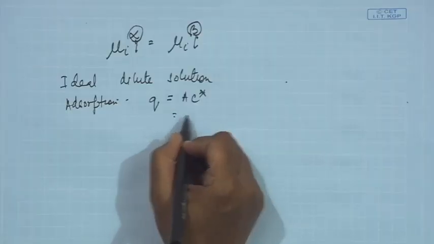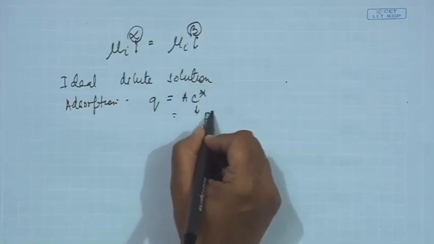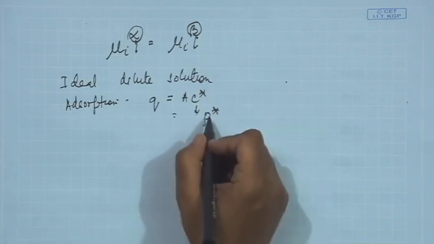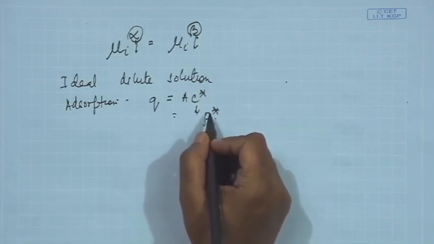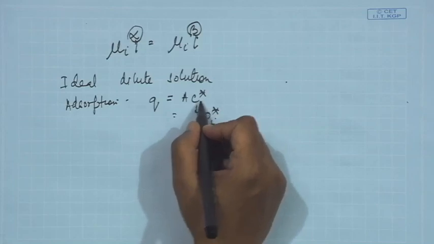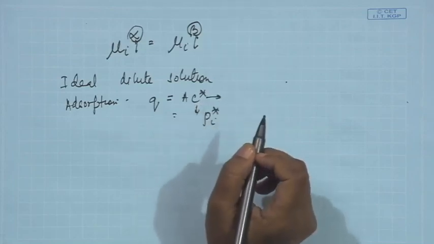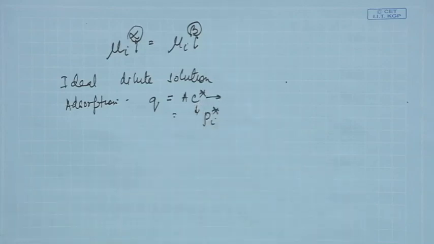Therefore, usually if it is a gaseous mixture, we prefer to replace C star with Pi star, and if it is a liquid mixture, then we express it in terms of concentration, where the concentration can be either in terms of weight per unit volume or weight per unit weight, or maybe moles per unit volume, etc.